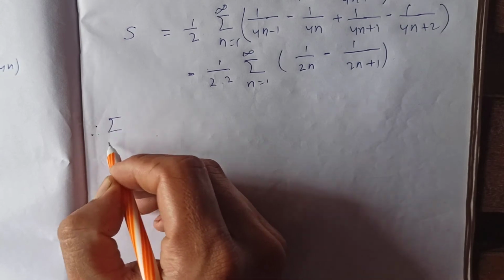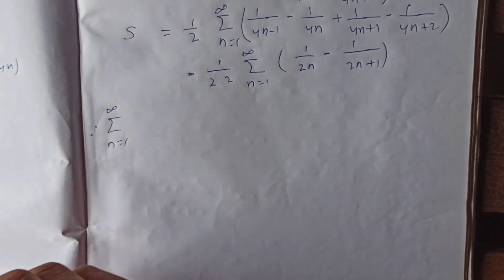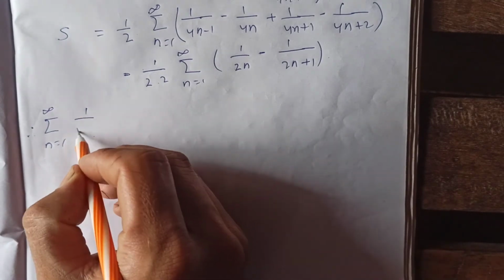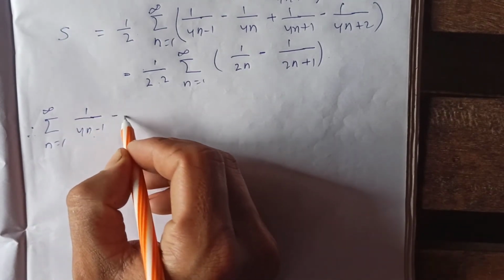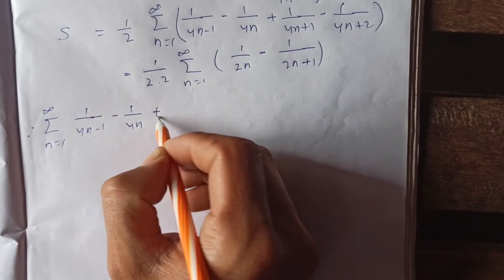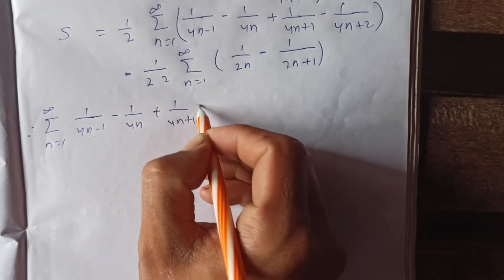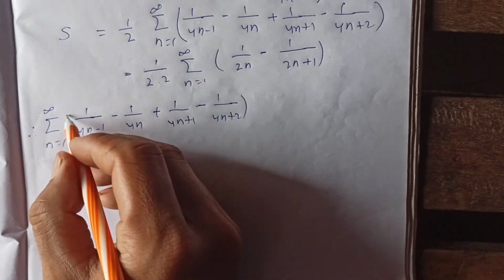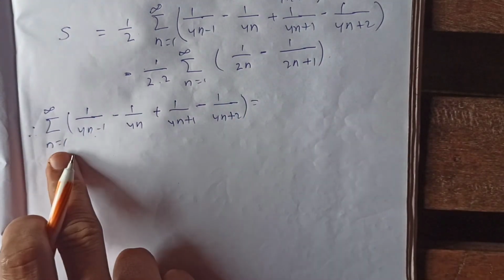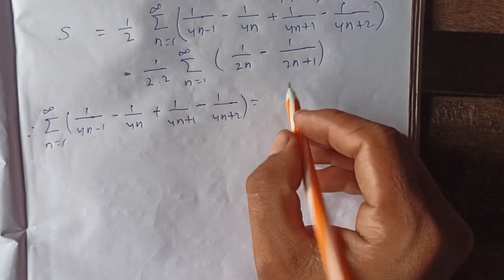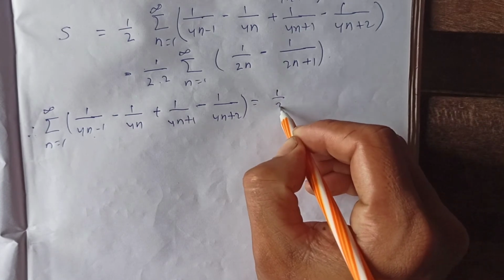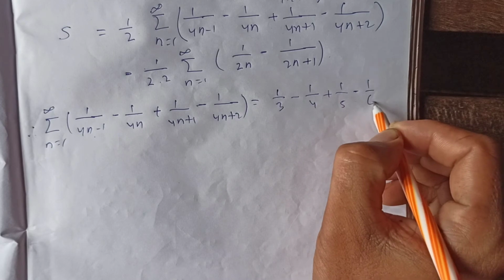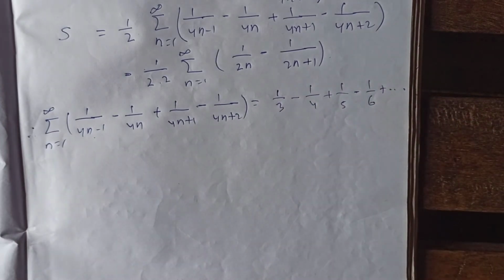Therefore, the sum from n equal to 1 to infinity of 1 over 4n minus 1 minus 1 over 4n plus 1 over 4n plus 1 minus 1 over 4n plus 2. If I plug in n here, I will get 1 over 3 minus 1 over 4 plus 1 over 5 minus 1 over 6 plus and so on, right?